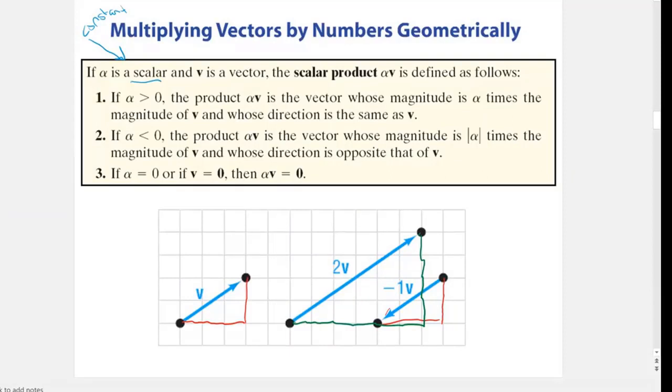If alpha is less than 0, the product alpha times V is the vector whose magnitude is still the absolute value of alpha times the magnitude of V, and the direction is opposite, just like I said. And if alpha equals 0, or if the vector V equals 0, then alpha times V equals 0.